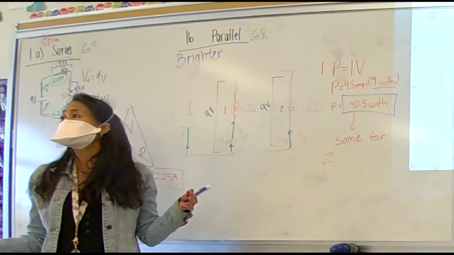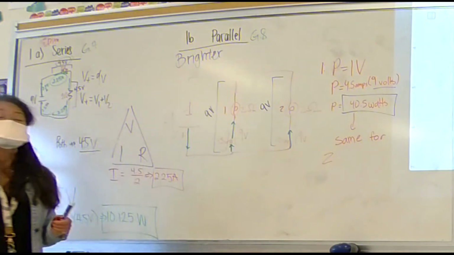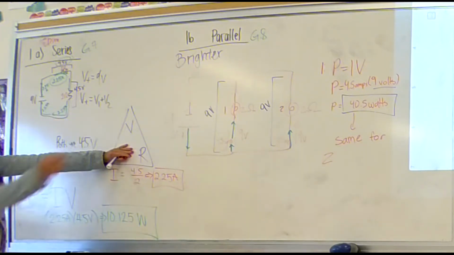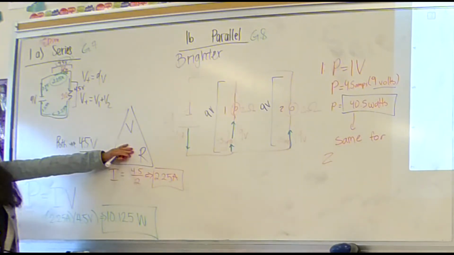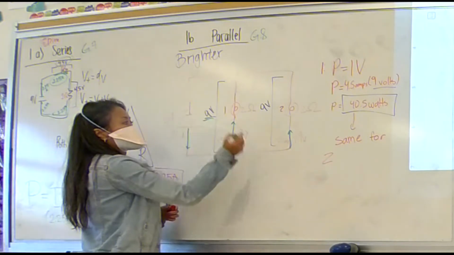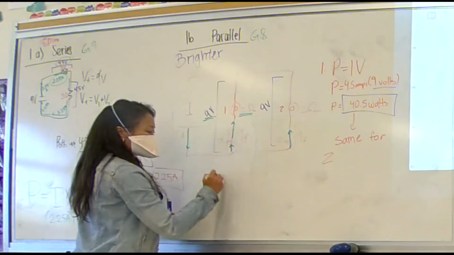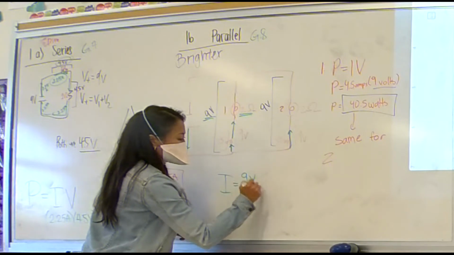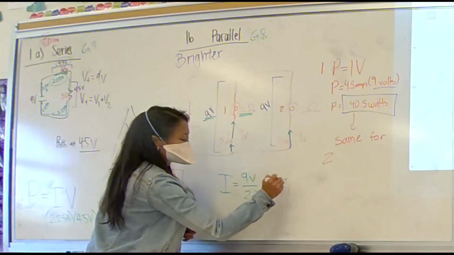But we need to figure out what our total current is. The other method you can use is our current equals V over R. We've already got our 9 volts, and we've got our 2 ohms, so current is 9 over 2, and that gives us 4.5.